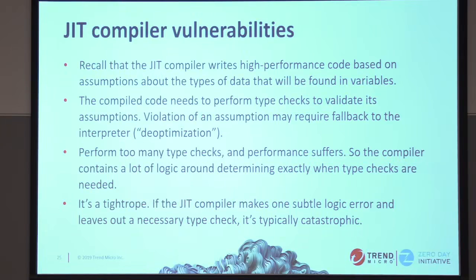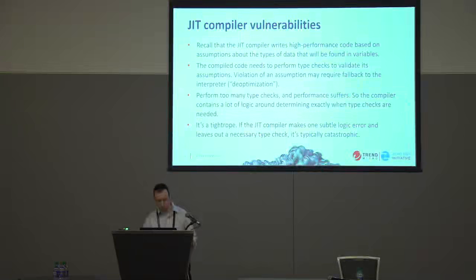The compiled code needs to perform type checks to validate those assumptions. Violation of an assumption may require fallback to the interpreter, known as de-optimization. If it performs too many type checks, then performance suffers, which defeats the purpose of the compilation.